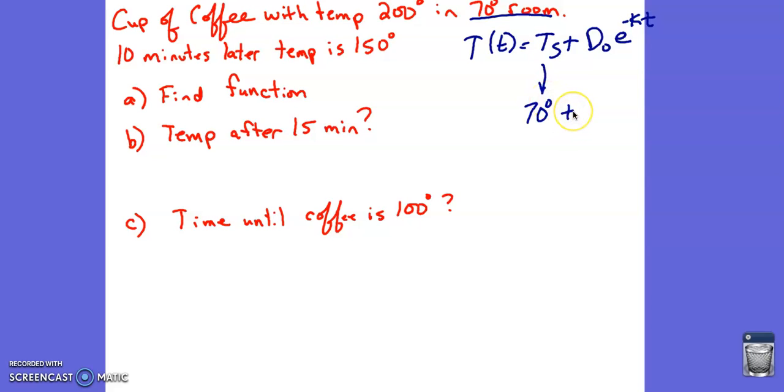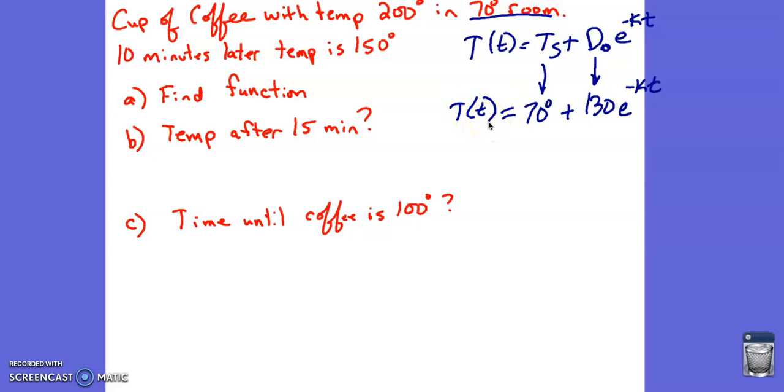Now, the initial temperature difference is something you've got to pay attention to, because it's going to be 130. The cup of coffee originally started at 200 and it's going into a room of 70 degrees, and then the rest of it is e to the negative kt. So this is the function I'm going to start with here.